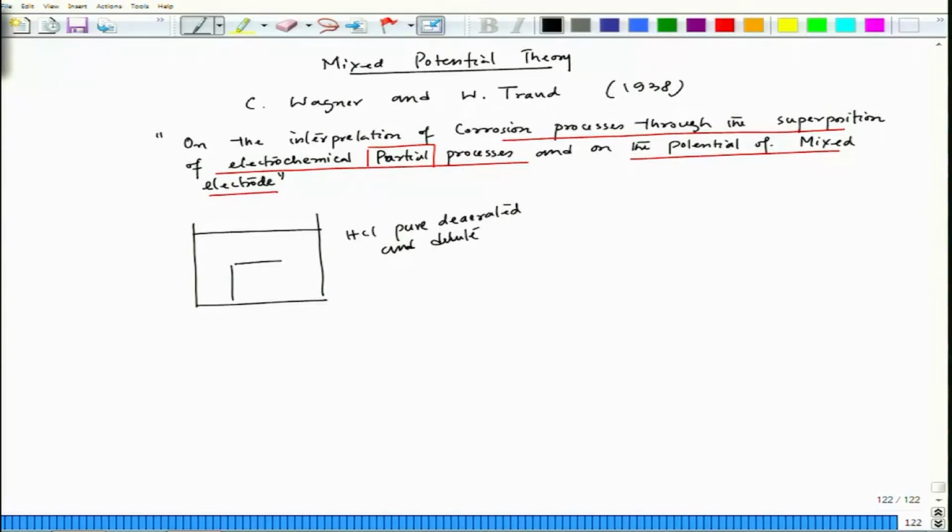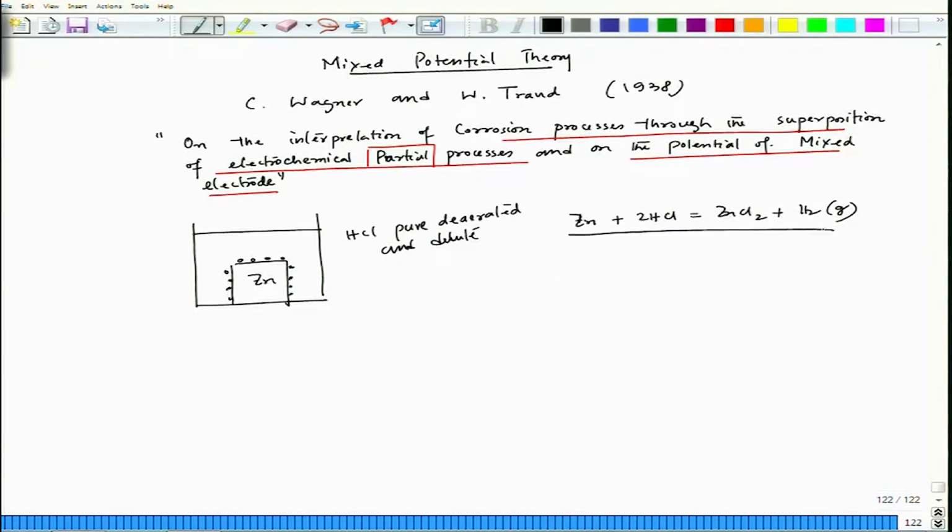I have put a zinc piece, and immediately I could see that hydrogen bubbles will form on the metal surface. Now, if I analyze this, this is the actual reaction that takes place.